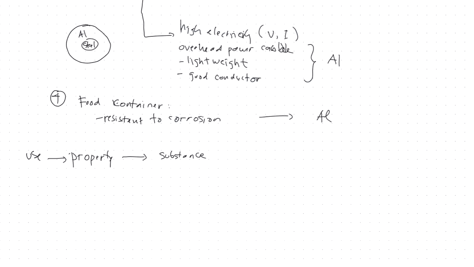For food containers, we're going to use aluminum again because it's resistant to corrosion, be it in aluminum foil or aluminum cans for drinks. All of that under the logic: use is going to dictate properties, and those properties are going to dictate which substance we use.